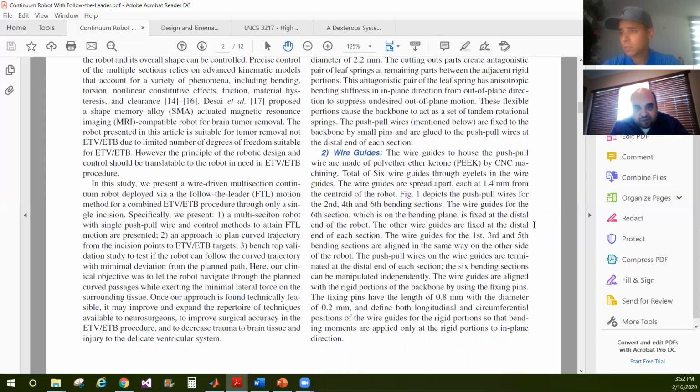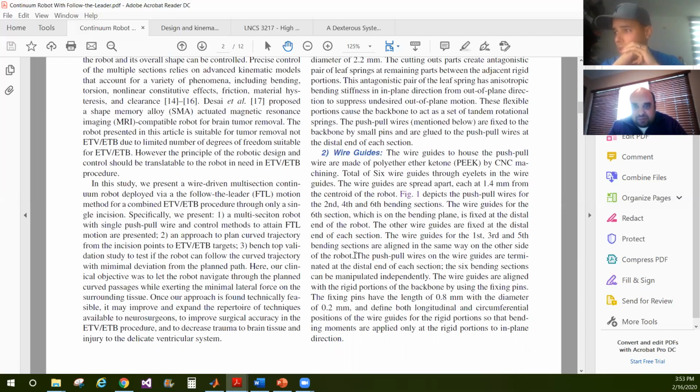The wire guides for first, third, and fifth bending sections are aligned in the same way on the other side. Ah, so they're there, but they're symmetric. Okay, so that makes more sense now. So it's the same thing, but on the other side of the robot.